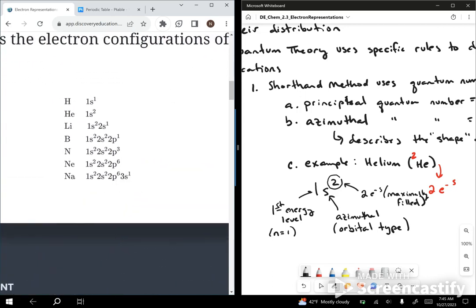So you can see how from hydrogen all the way to sodium, you're increasing from 1. Helium is still principal number 1. When you get to lithium, there's enough electrons. There's 2 in the N equals 1 level, and there's 1 electron in the N equals 2 level, right? So you can just see how it goes to boron, to nitrogen, to neon, to sodium at the very end here, Na.